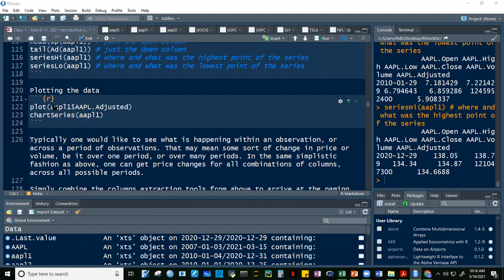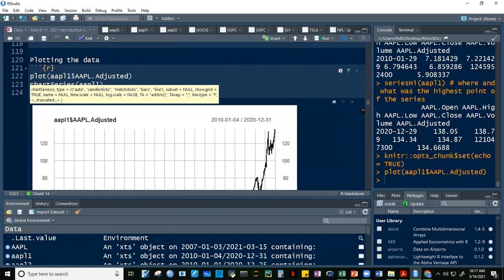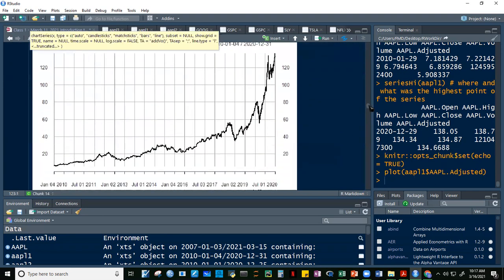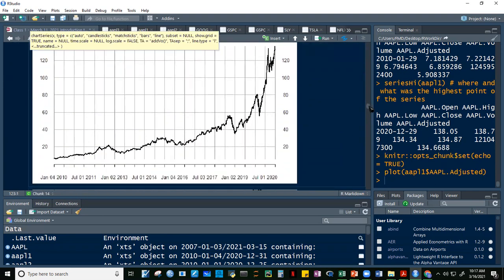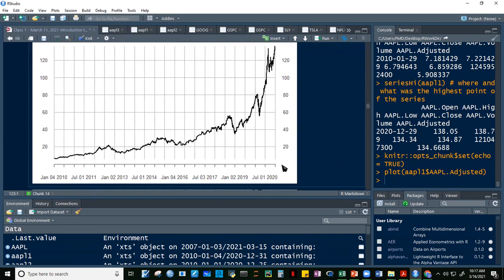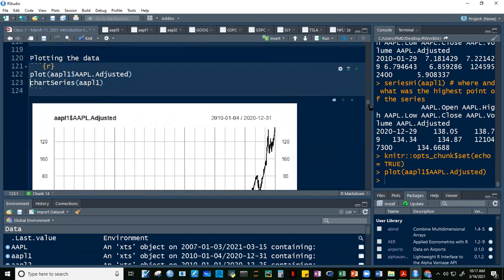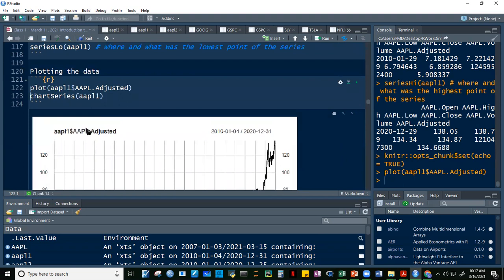So this is your data, AAPL1, Apple.adjusted. This tells us, please plot the adjusted price of Apple. Okay, so this is our plot using base R, from January 2010 up to December 2020. This is just the adjusted price.